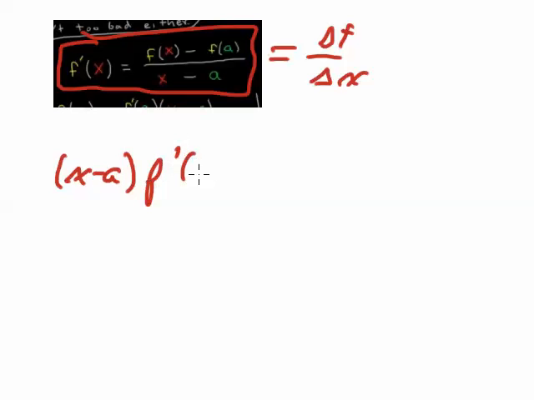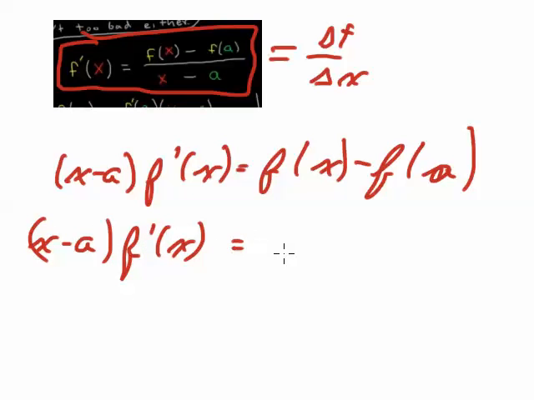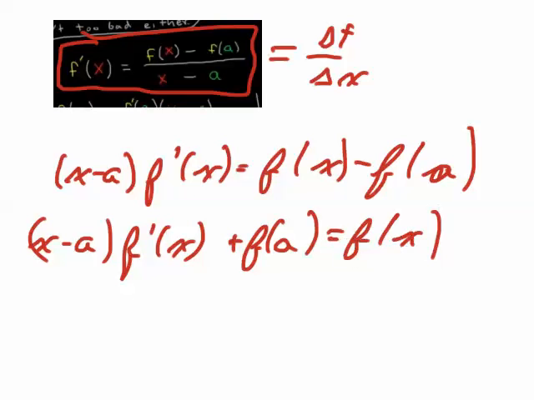f prime of x times (x minus a) equals f of x minus f of a, and then add f of a to both sides. We'll have x minus a times f prime of x plus f of a equals f of x. Let's make note that there's also something called the Maclaurin expansion, and it's the same as the Taylor series expansion, except a equals 0.